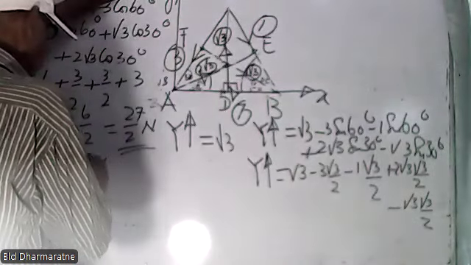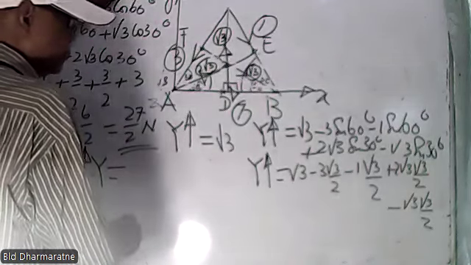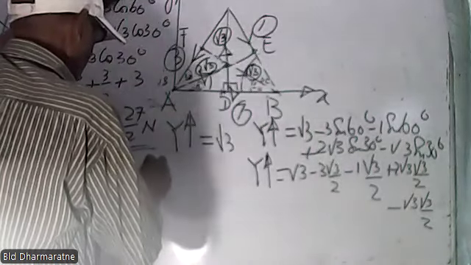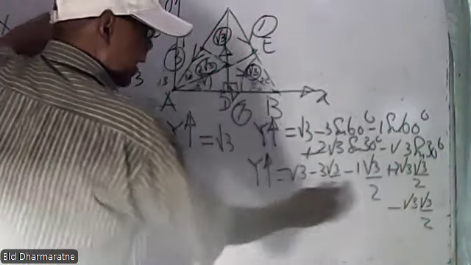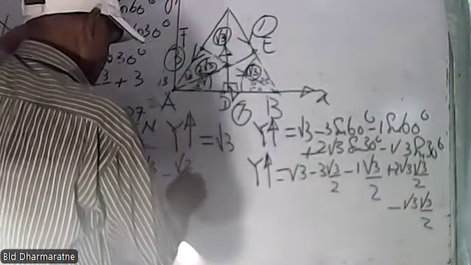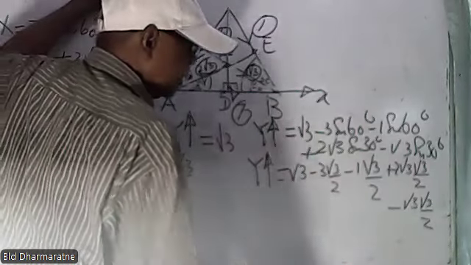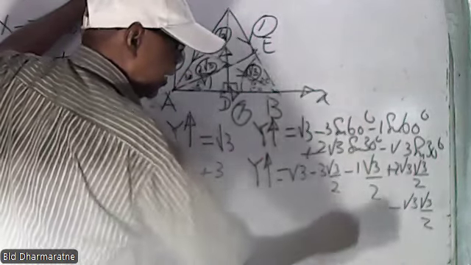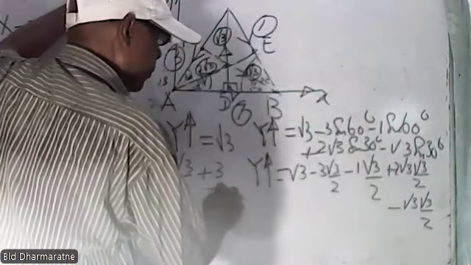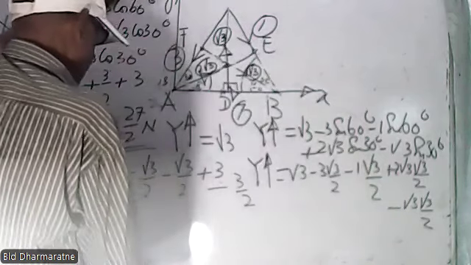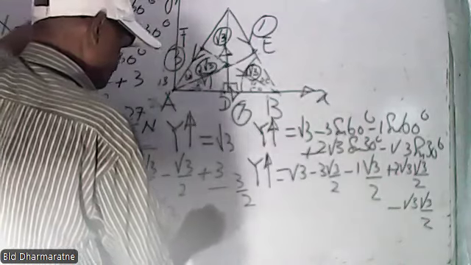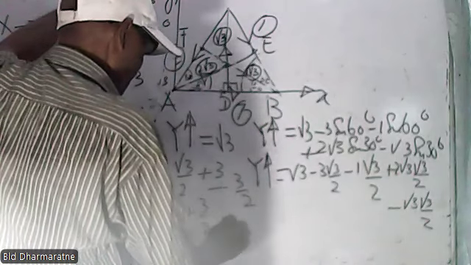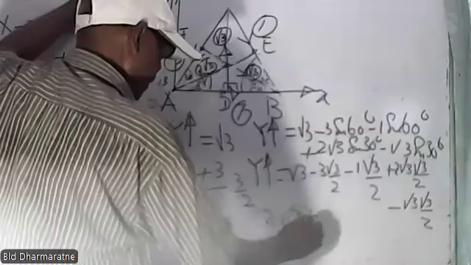Here the 2 cancels, giving 3. Again 3 over 2 minus 3 over 2. Here root 3. 3 minus 3 over 2 plus 3 over 2 equals 2 root 3 plus 3 over 2.